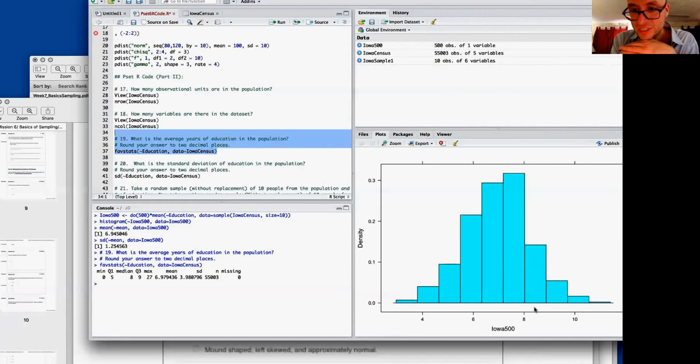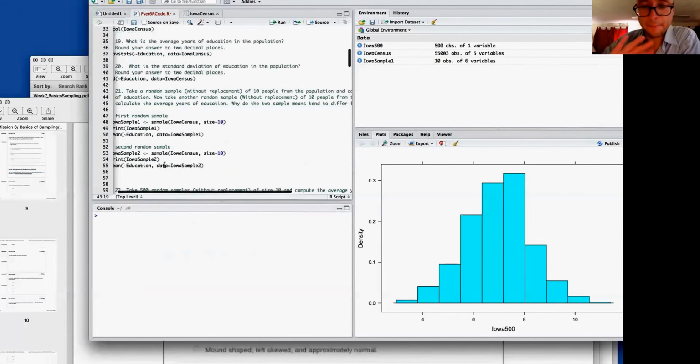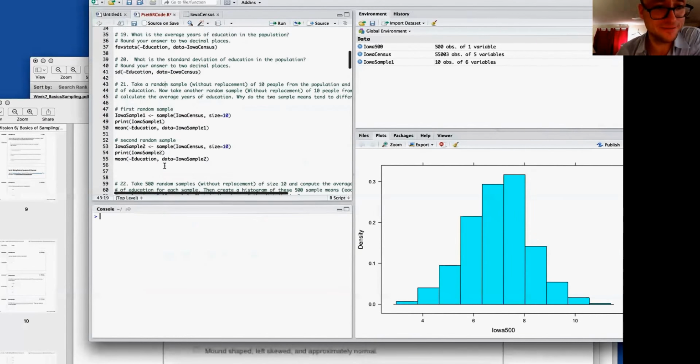So what this histogram shows is the range of plausible values when we take 500 random samples, each with a sample size of 10. This is an average of averages. Think of that. Is that right? Yeah, it's an average of averages and an average of standard deviations of samples. It's sort of like a meta-analysis, really.